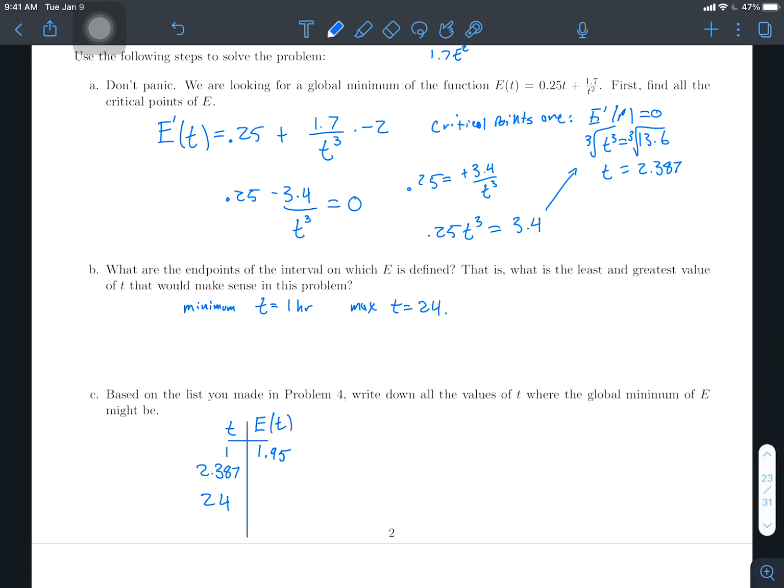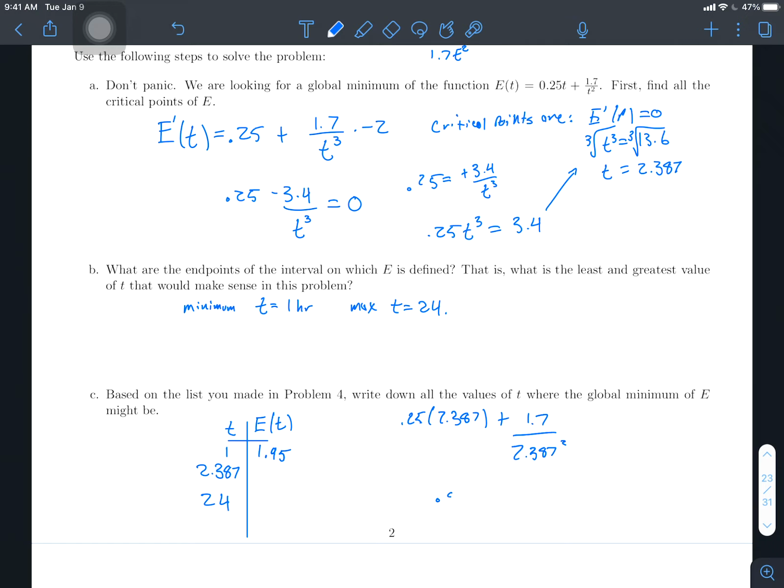Okay, how about if I plug in 2.387? Then I'm going to get 0.25 times 2.387 plus 1.7 over 2.387 squared, right? So let's multiply this times 0.25.